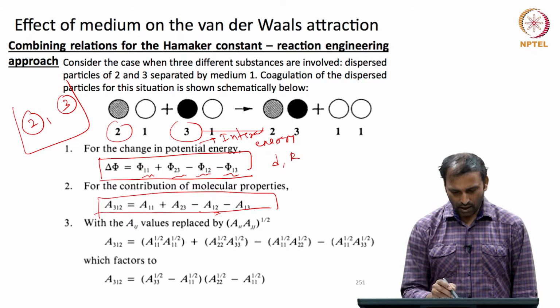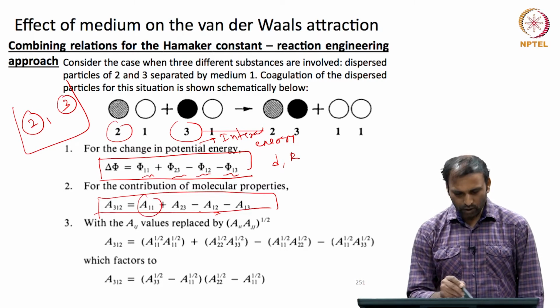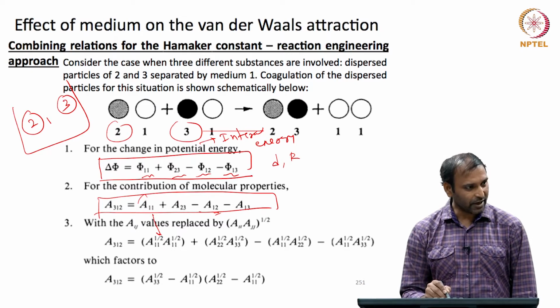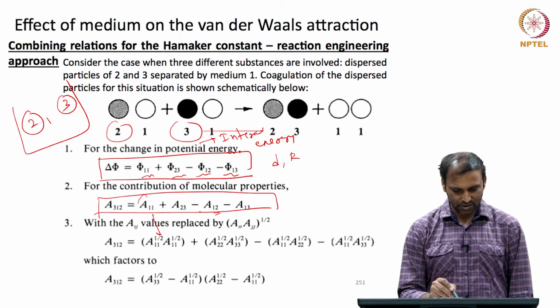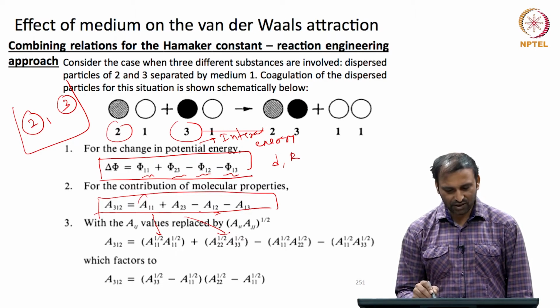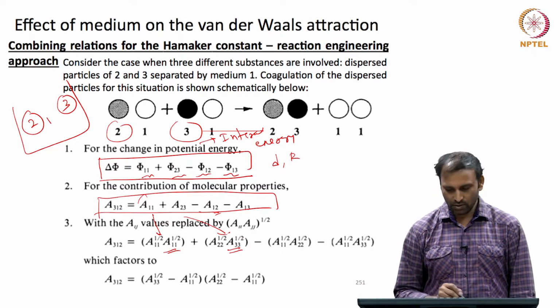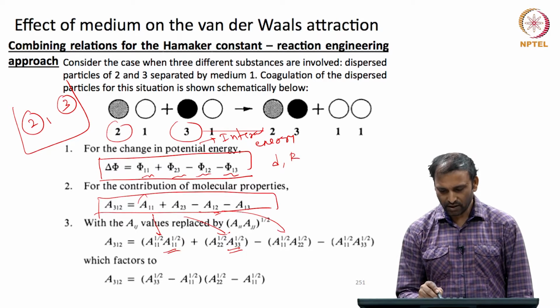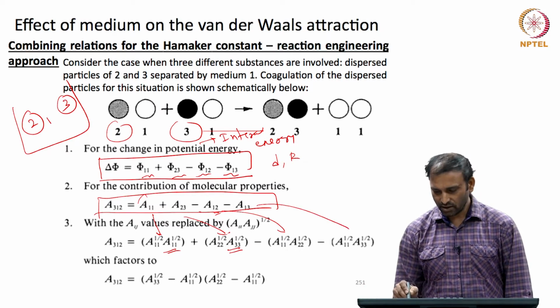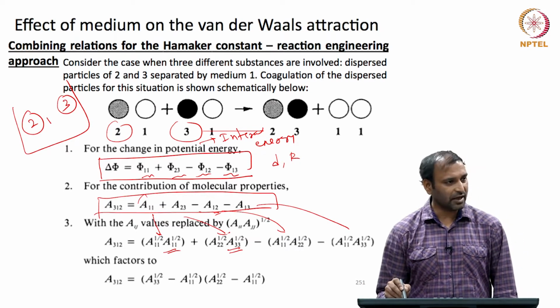And this A11, I can write as A11 to the half multiplied by A11 to the half. Now, A23 I can write as A22 to the half times A33 to the half. This is actually from again the geometric mixing rule. Similarly, I can write A12 as A11 to the half multiplied by A22 to the half, and A13 as A11 to the half multiplied by A33 to the half.